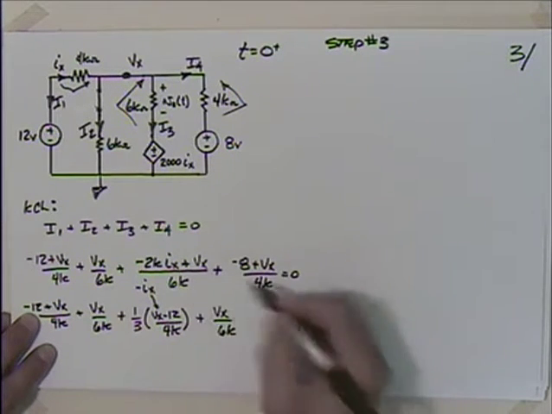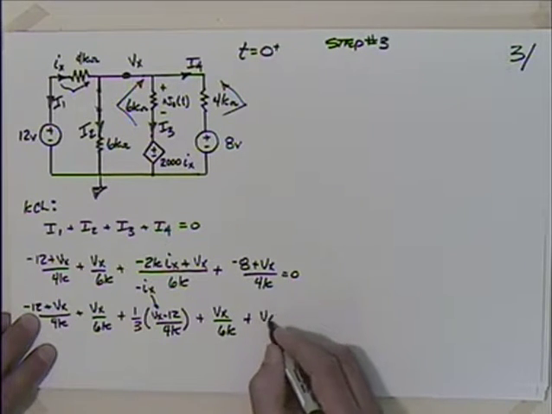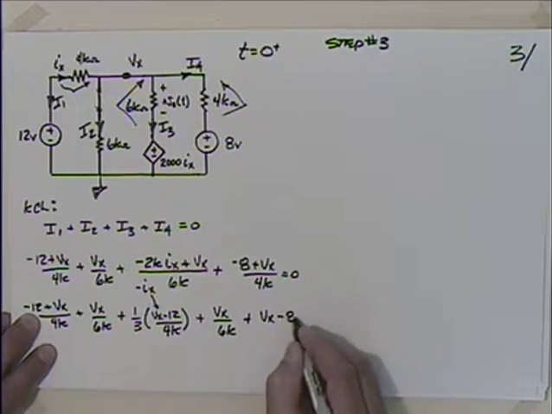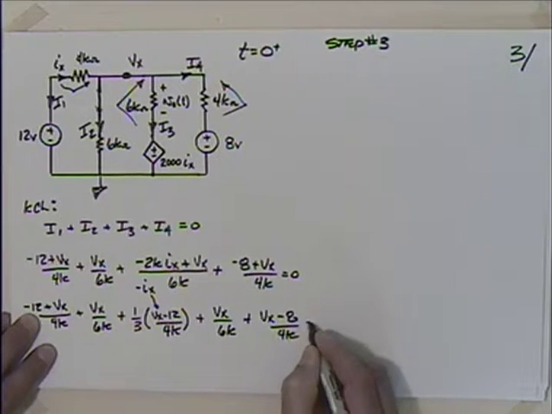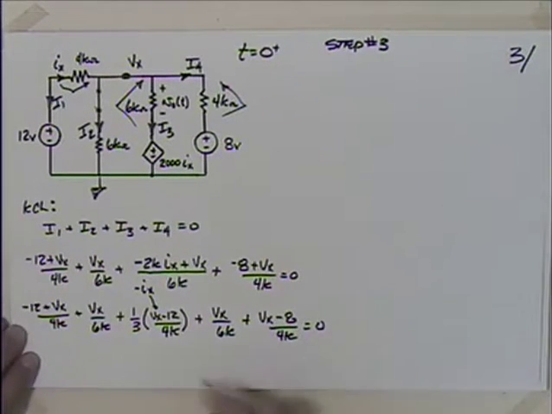So I have this Vx over 6, and then I have plus a Vx minus 8 over 4K is equal to 0. So I think I'll multiply everything by 12K.